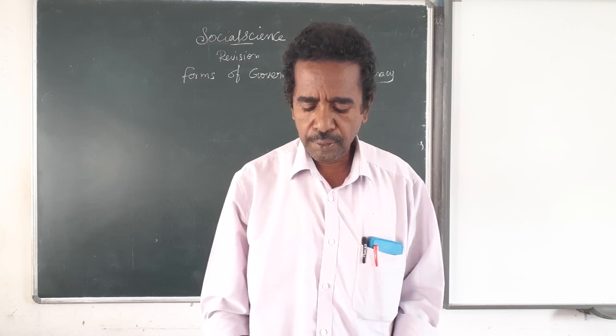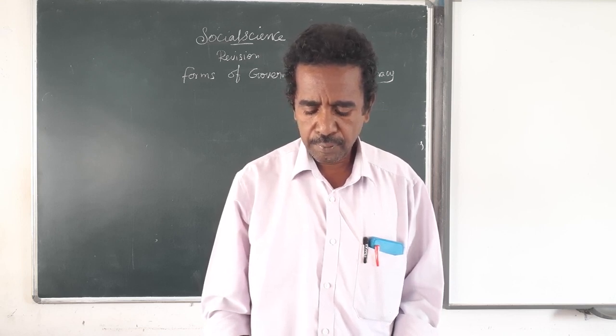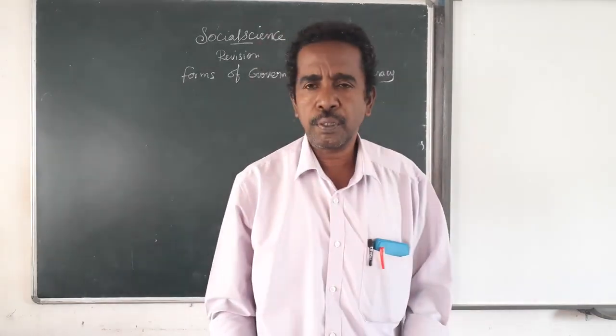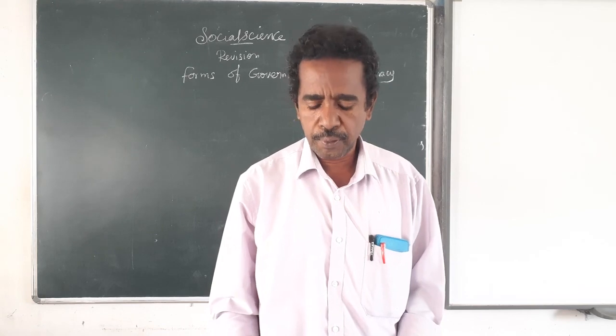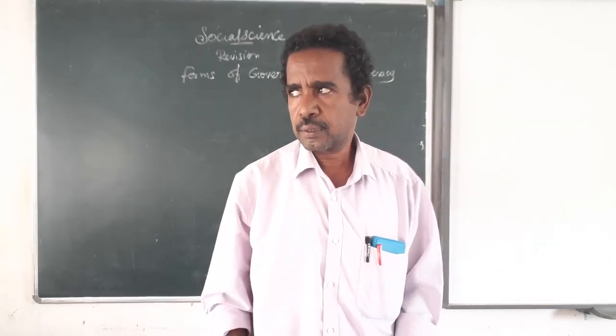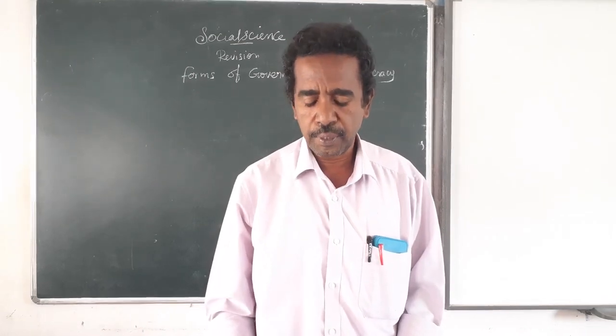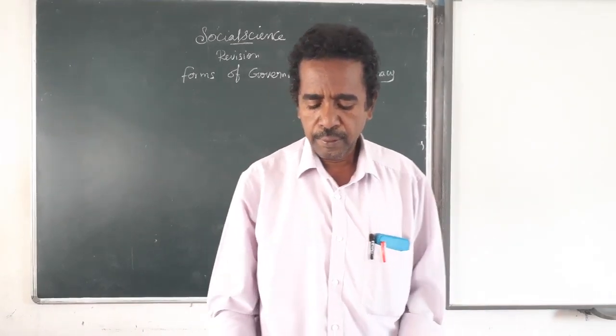From which language was the term democracy derived? Demo means people, cracy means power, people's power, that is Greek language. Democracy means people's power. That is A option.